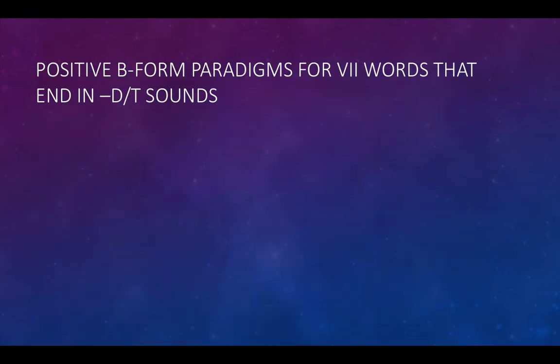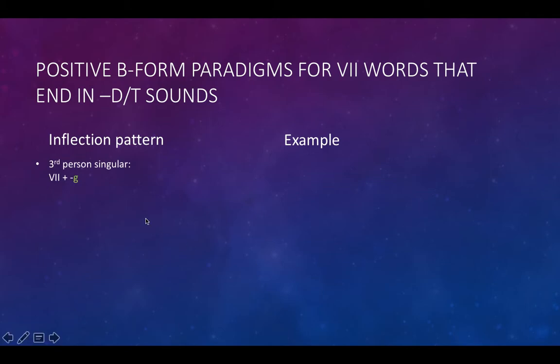Positive B-form paradigms for VII words that end in D or T sounds. So third person singular, again, we have our VII word plus the G suffix. So we're using P mkuk moshnemguk, meaning when the box is full.